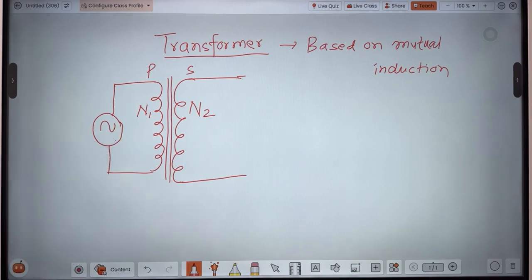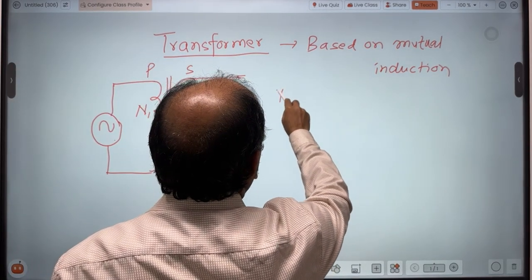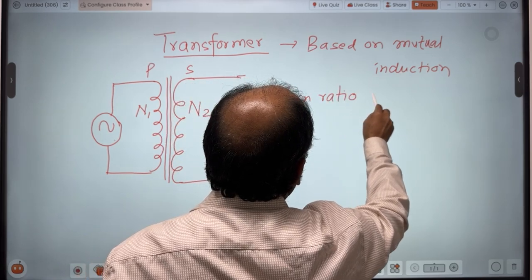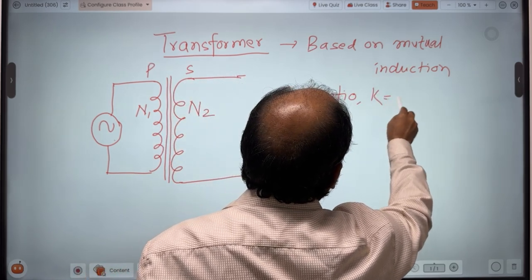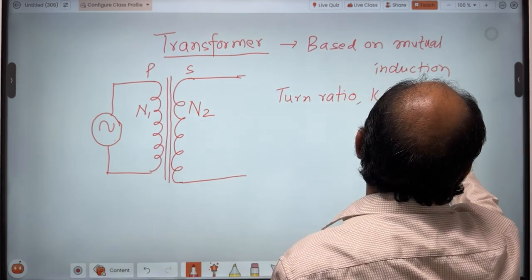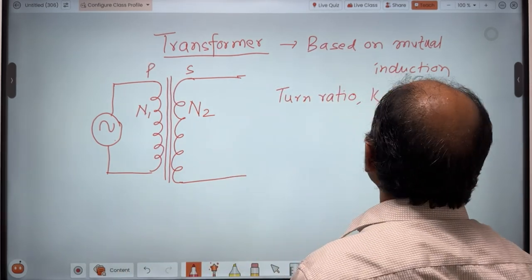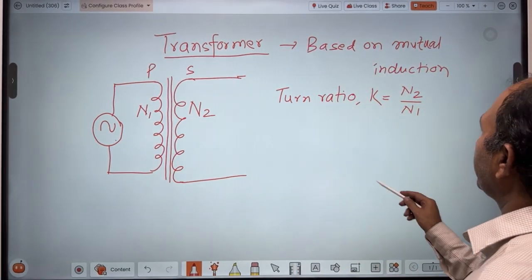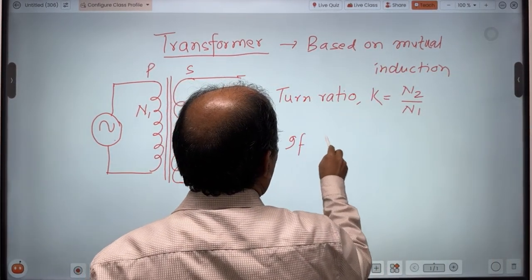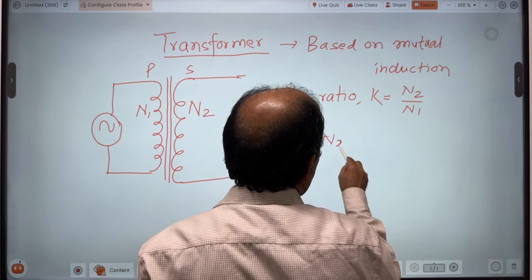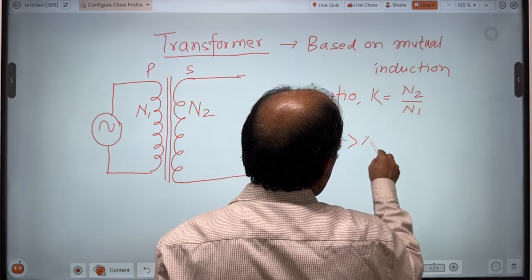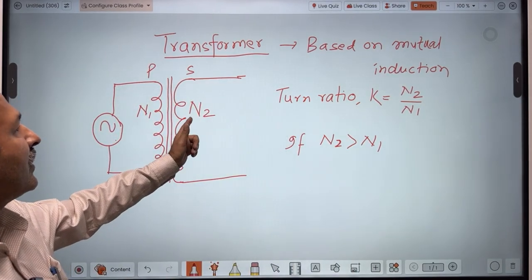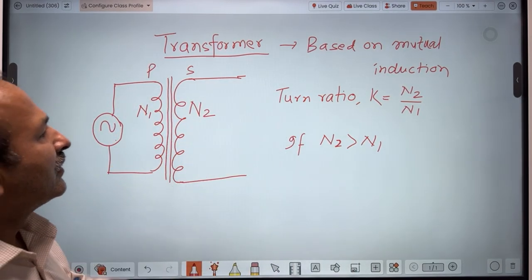So we can find turn ratio, say it is K. K is N2 upon N1, right? On the basis of this turn ratio, we can decide the type of transformer. If N2 is greater than N1, what does this mean? Number of turns in secondary is greater than number of turns in primary.